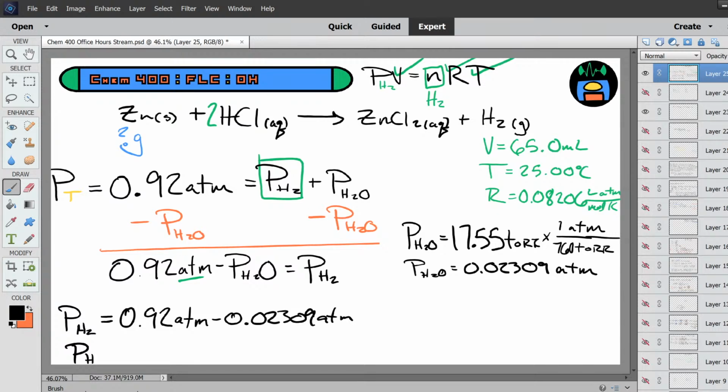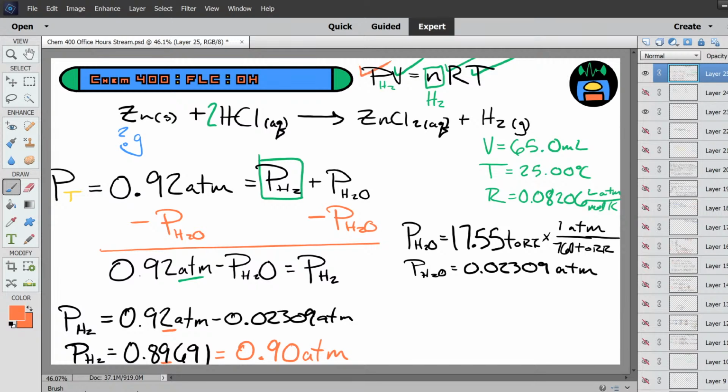So my partial pressure for hydrogen is 0.89691, but I have to round to the second decimal place, and when I do, I get a partial pressure of 0.90 atmospheres.